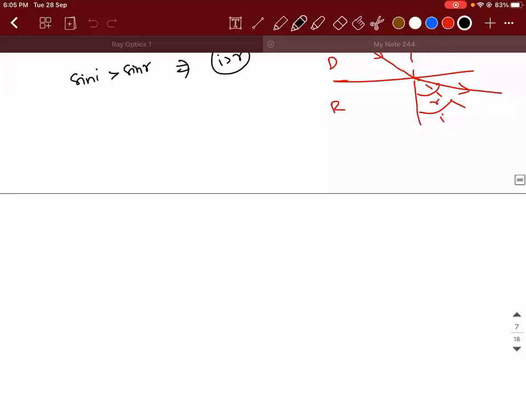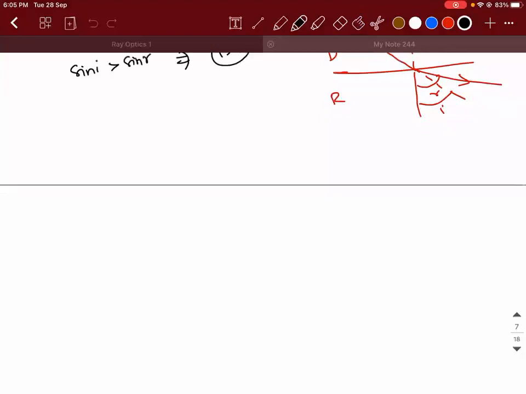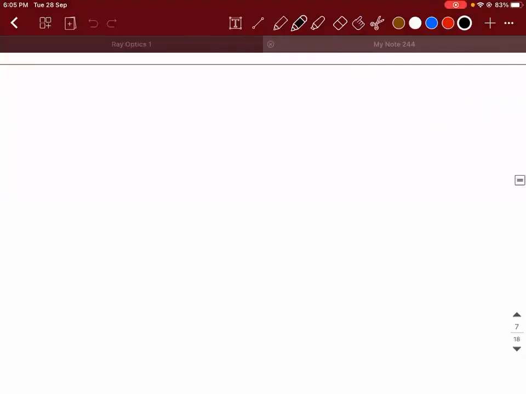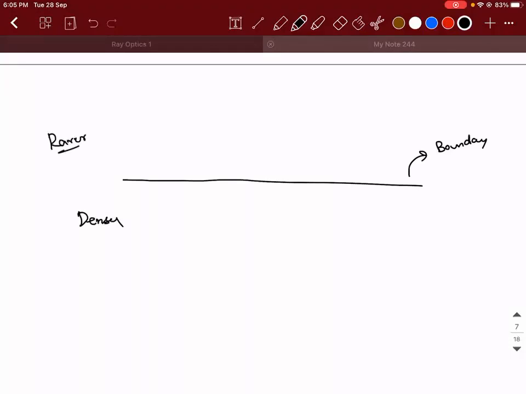Okay. So listen, if I take a boundary like this, which separates denser and rarer. Let's consider a ray hitting the boundary and the ray is traveling from denser to rarer.